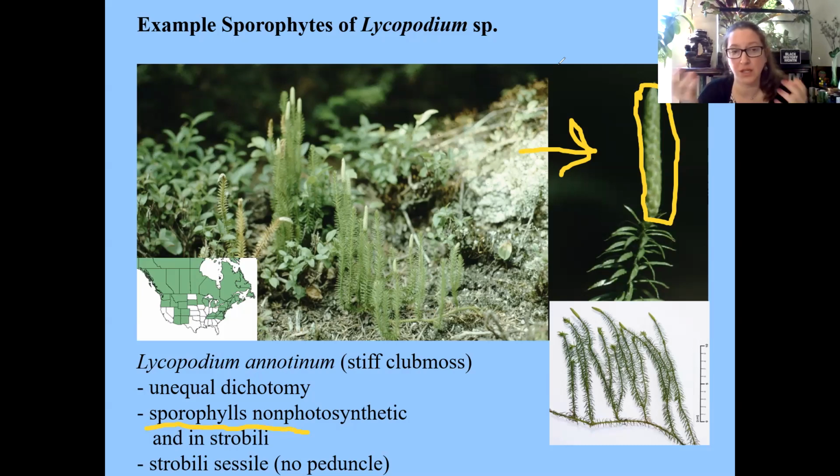That's kind of a trade-off. In order to be organized on a Strobilus, you have to be super, super small, and so things like photosynthesis aren't as important anymore. It will be the other leaves, the regular microphylls, that do the photosynthesis.